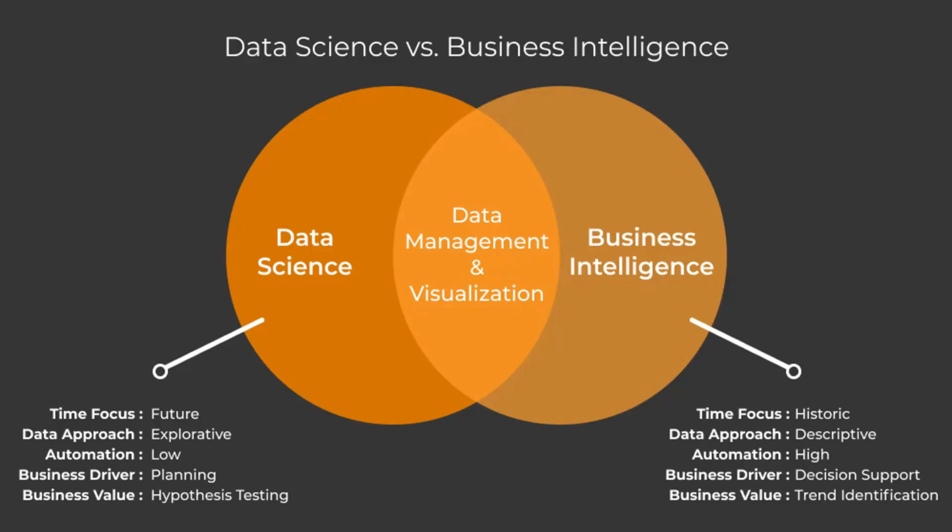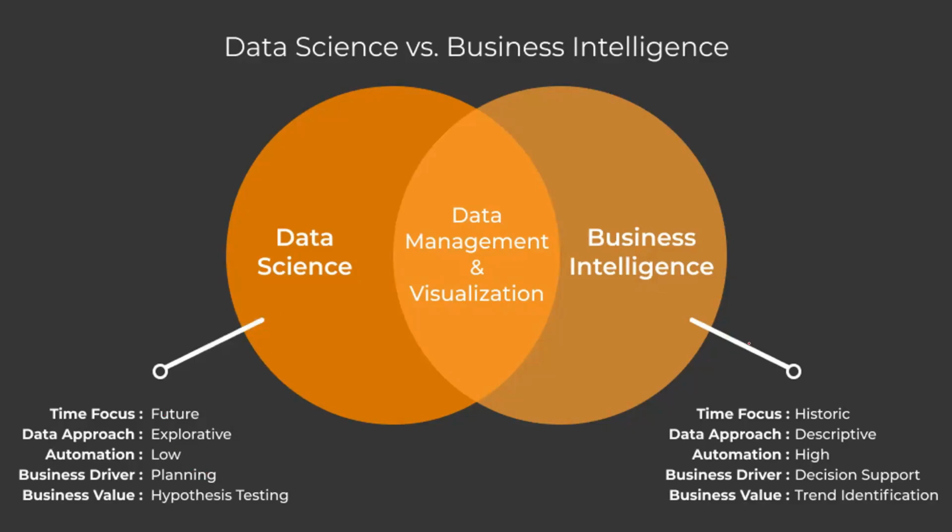And that was a simple database from which you used to take historical data and manually analyze it. Okay. But these days with data science, what is the difference between the two? Data science focuses on the future. It is explorative. Automation is low. We need planning, and something called hypothesis tests are generally included.